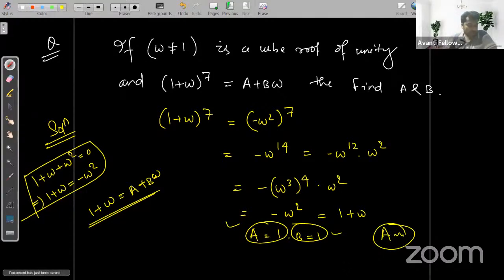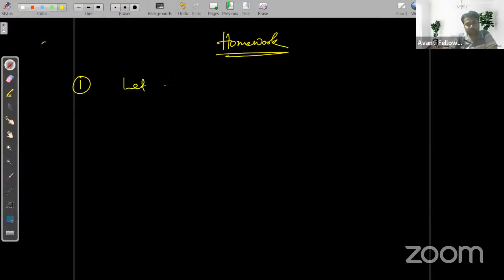Clear? Okay, now I'm giving you homework questions also. First question: let omega be equal to minus 1 by 2 plus root 3 by 2 i.